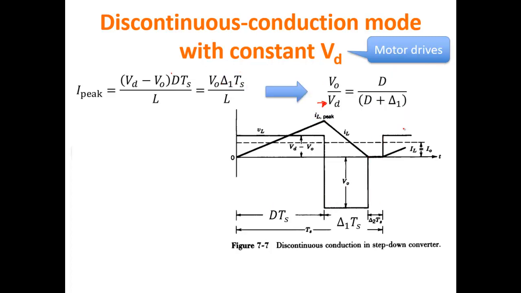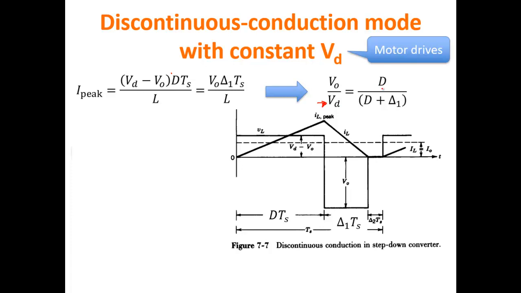So the first passage is easy. What I do here is I simply eliminate L, and then I collect the pieces with VD and the pieces with VO. I can eliminate also Ts, and therefore what I have is that VO over VD is equal to D over D plus delta 1.